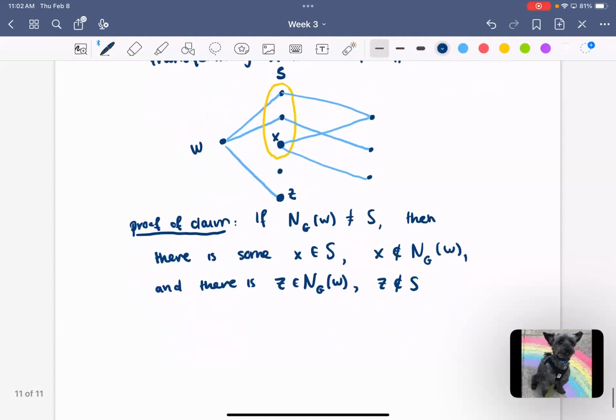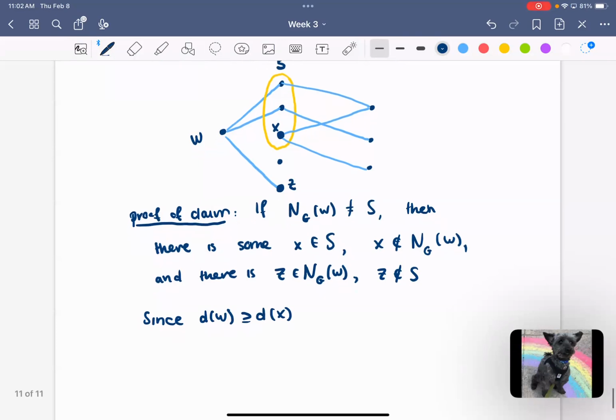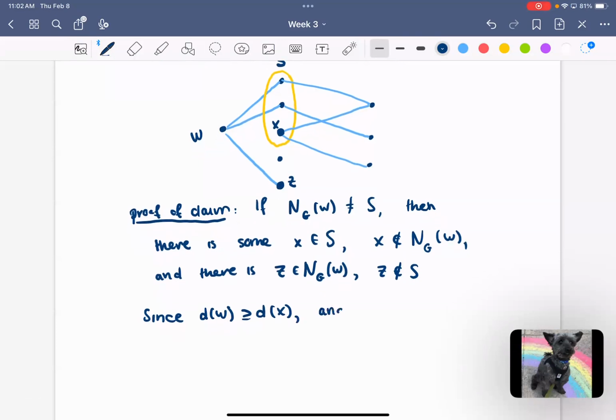We picked W to be a vertex of maximum degree, so the degree of W is greater than or equal to the degree of X, because X is contained in S, so it has lower degree. And W is a neighbor of Z and not X.